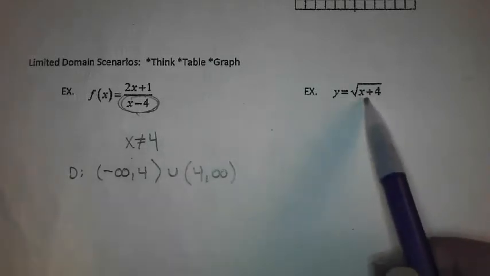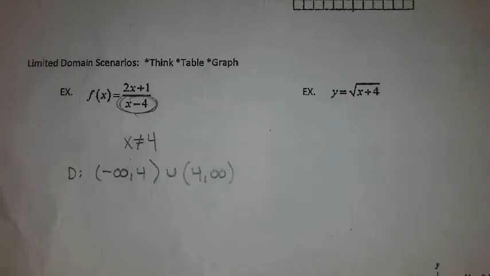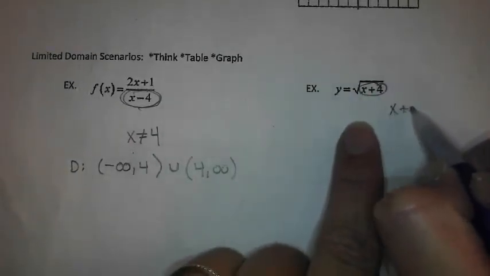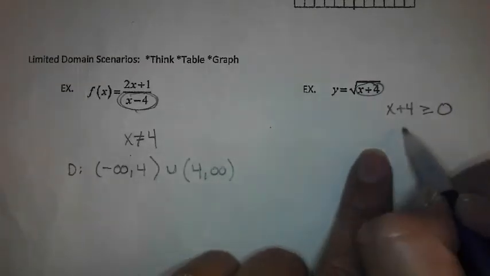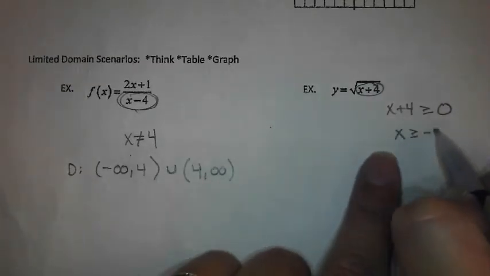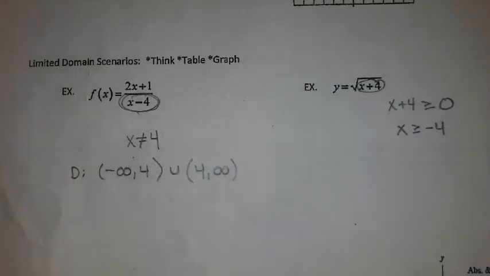What type of numbers can't you take the square root of? Because you'll get an error on your calculator. Imaginary, or negative numbers, right? You can't take the square root of negatives. So this x plus 4 has to be greater than or equal to 0. Can't be negative. So when you solve that, you're going to get that x has to be greater than or equal to -4.